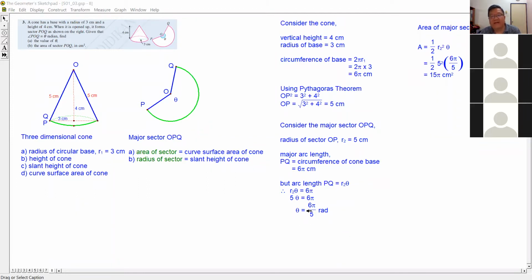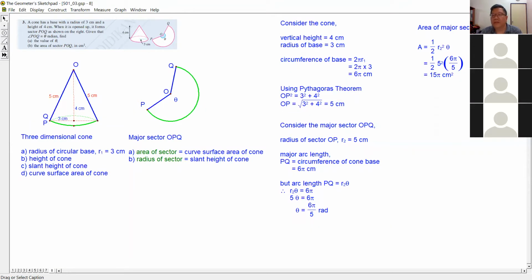The angle I found earlier, this angle theta, is 6 pi over 5. So half times 5 squared, which is the radius of the sector, times theta, 6 pi over 5, altogether is 15 pi.